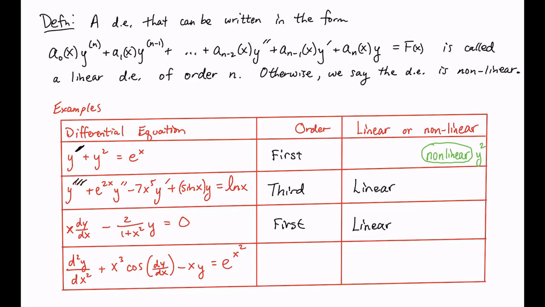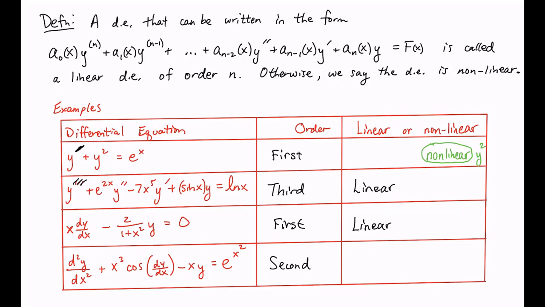The last example there. All right, we can see the order. The order of the differential equation is second order. The highest rate of change is the second derivative. Now, is this linear or non-linear? Well, notice that in the definition, we can only have functions of x and not really functions of y prime.